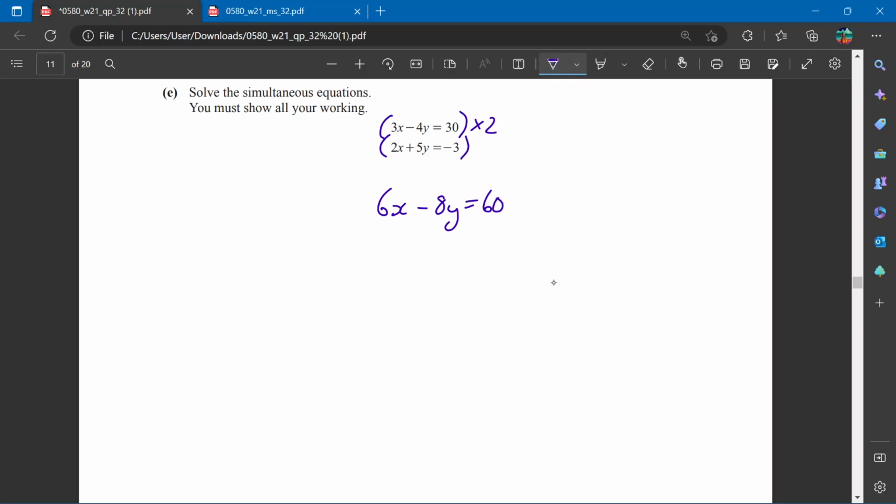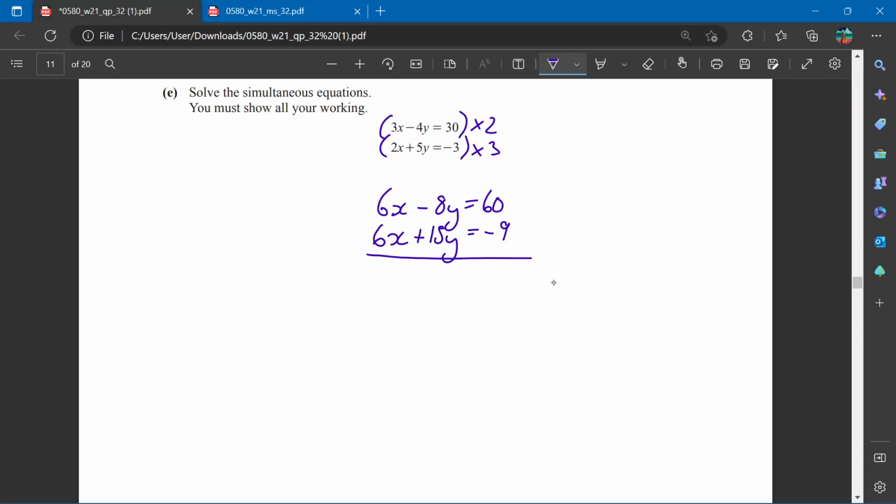We then multiply the second equation, everything by 3, because 2x times 3 is 6x, and this is what we wanted. We wanted the number in front of the x to be the same. Okay, but we need to multiply everything by 3. So 3 times 5 is plus 15y, and 3 times minus 3 is minus 9.